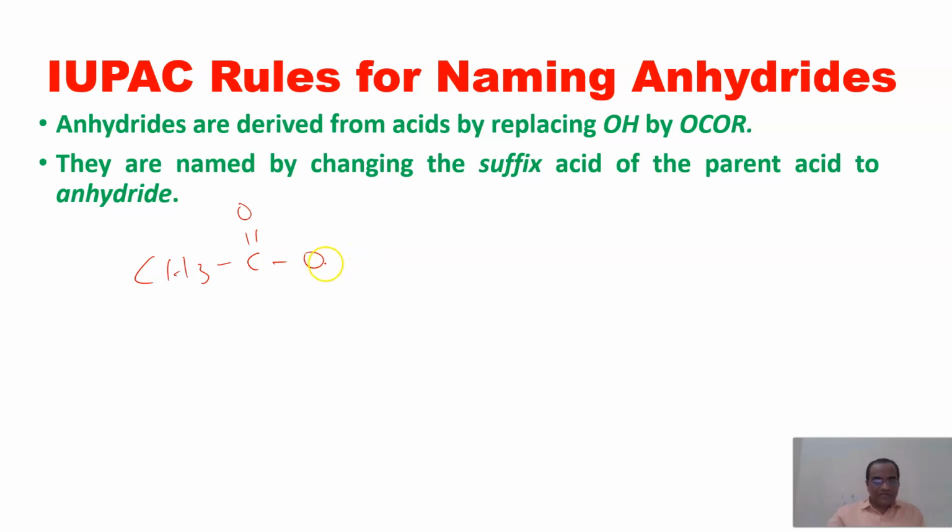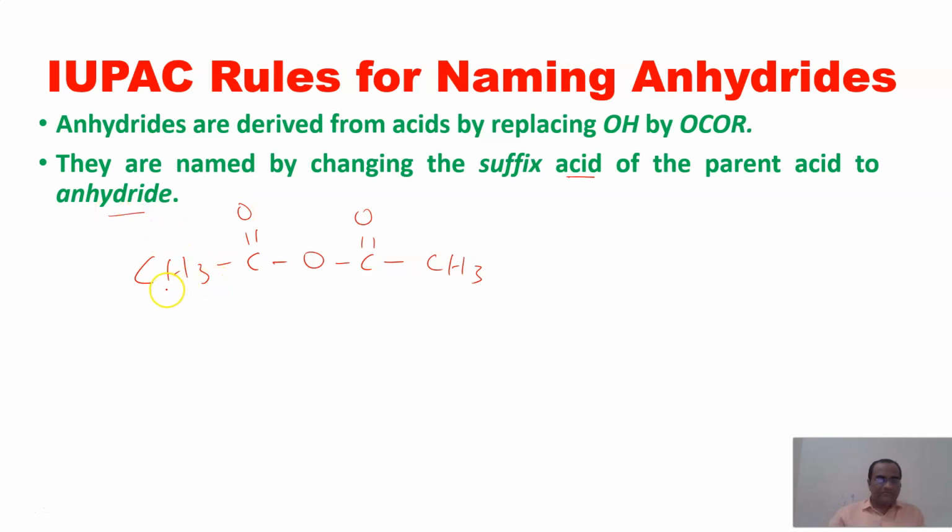OH has to be replaced, means the H has to be replaced by OCOR. So it will become C double bond O, and R I will write here, it is CH3. So just change the suffix acid of a parent acid and write anhydride.